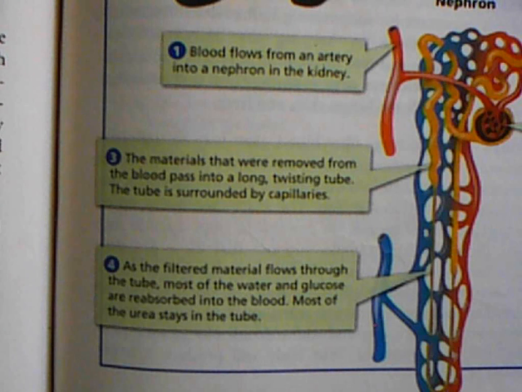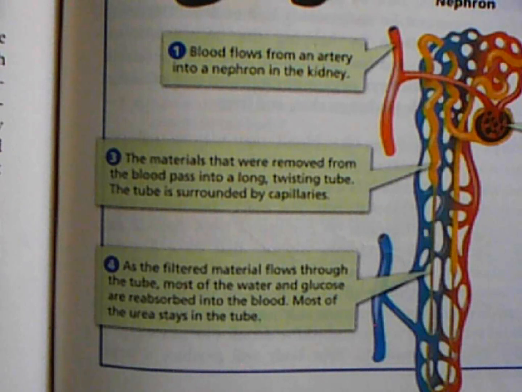Number 4, as the filtered material flows through the tube, most of the water and glucose are reabsorbed. Yes, because we don't want to get rid of water and glucose. Glucose is a sugar, and we need glucose to make our energy.